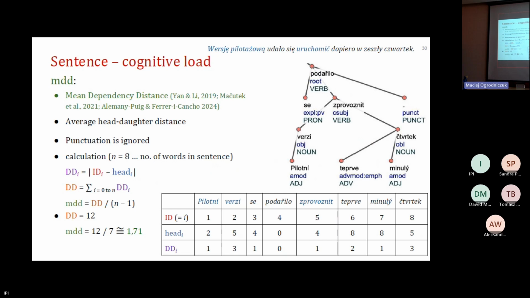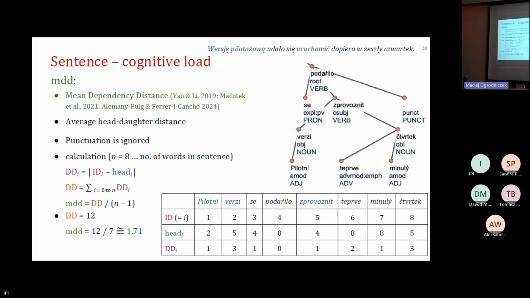The other factor is, of course, if you have a language that has determiners, so you have a determiner, then you may have a number of adjectives, and then you have the head. The determiner is dependent on the head, and the assumption is that you have to remember the determiner while you read or hear all those adjectives, and only then it matches the noun.